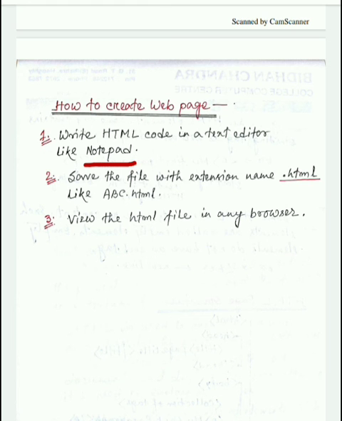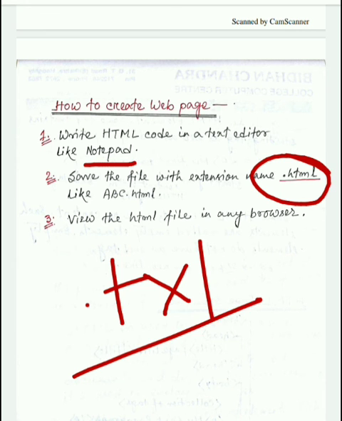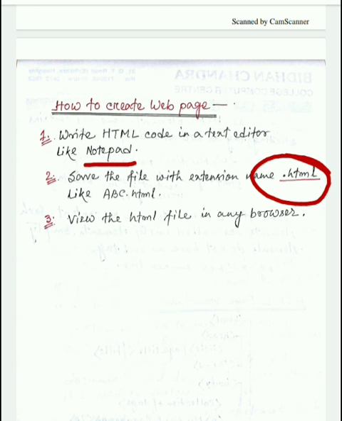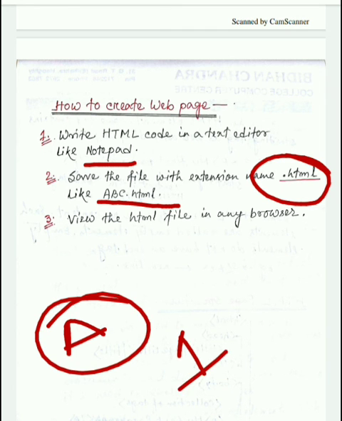Now after writing the HTML coding, you should save it with any file name having the extension .html. By default, the Notepad extension is .txt. So if you don't write .html, it will be taken as txt. Then it can't be viewed through the browser. So you should give .html this way. You can give any name, but that name should start with a letter. Every file name should start with a letter. No numeric name should be given.